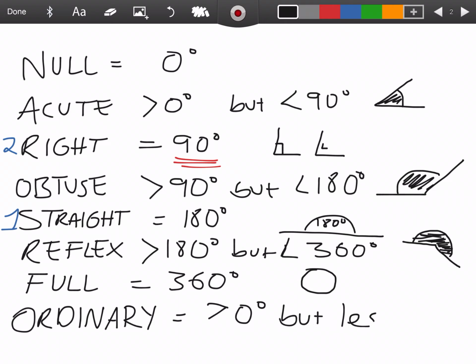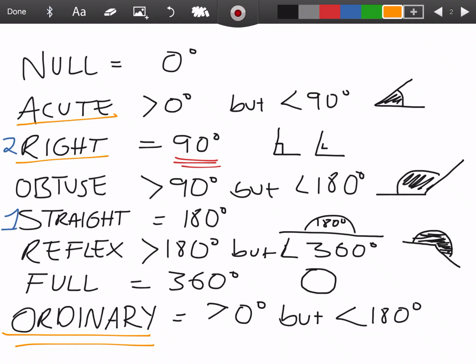So you would recognize that an ordinary angle is either an acute angle or a right angle or an obtuse angle. So those group of three there are what we would class as our ordinary angles.